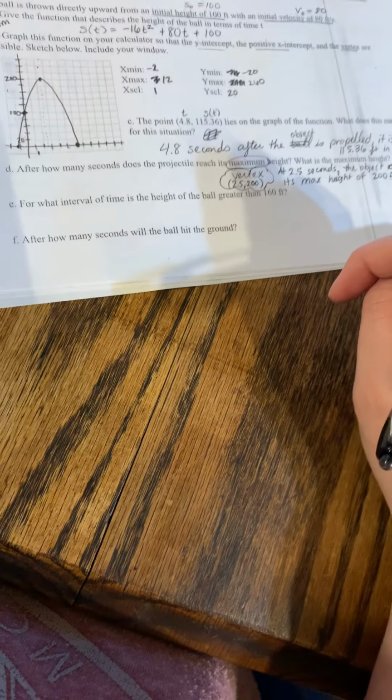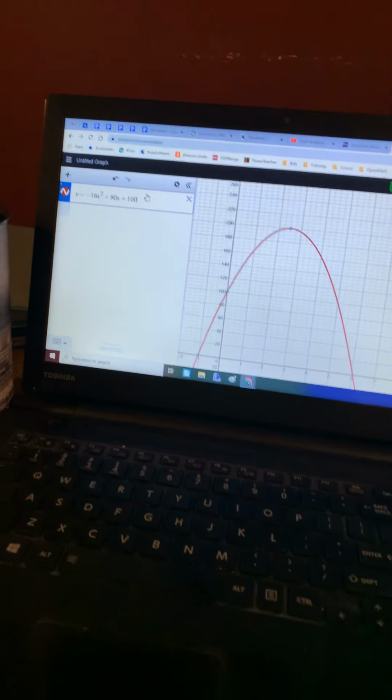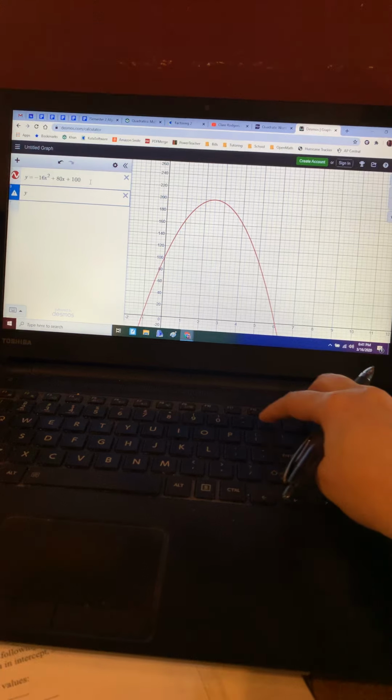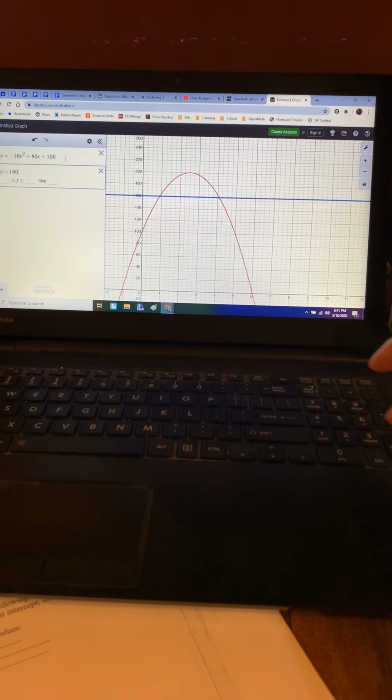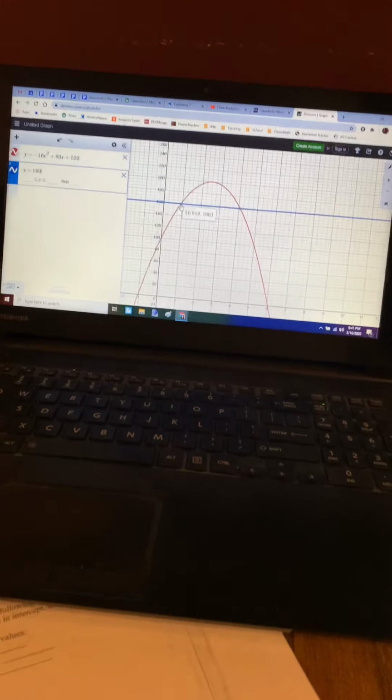Okay. For what interval of time is the height of the ball greater than 160? Okay, well, you got to graph another one. So we're going to go here, and we're going to graph y equals 160. And there it is. So we just need to know those two intersections.